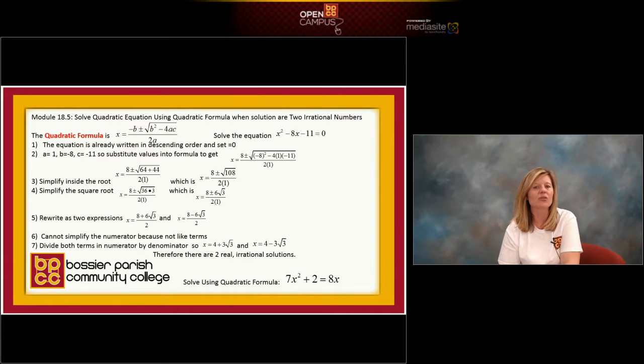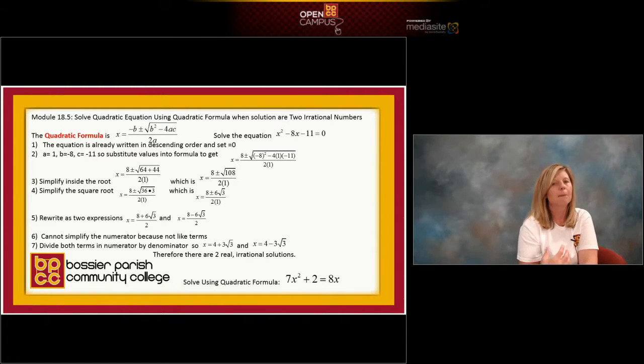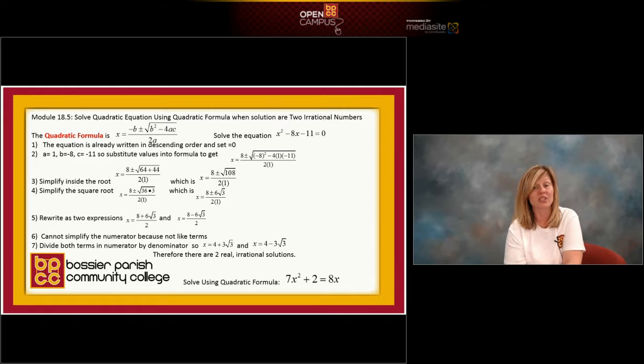So I can rewrite the square root of 108 as the square root of 36 times 3. And I know the square root of 36 is 6, so the 6 comes out of the square root symbol, but I cannot do the square root of 3, so it stays inside. So now we have x equals 8 plus or minus 6 square root 3, divided by 2 times 1.